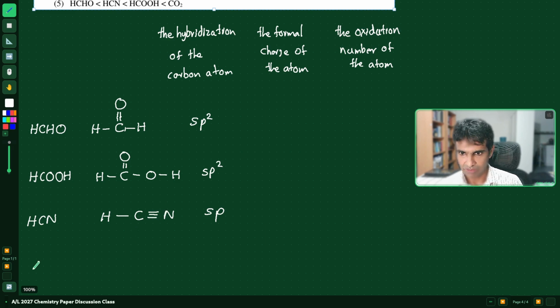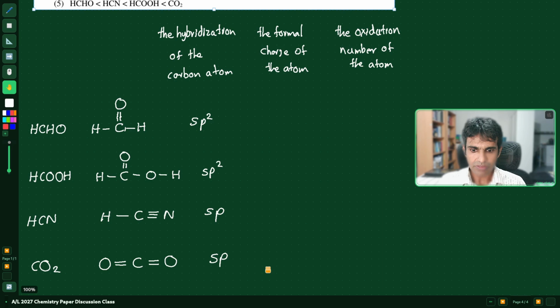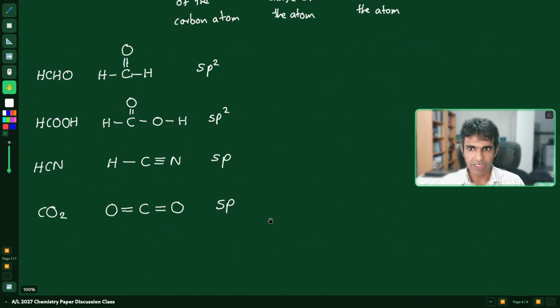Then finally, carbon dioxide. Central atom, carbon, 2 oxygen atoms are there. Valence of oxygen is 2. 2 sigma bonds with 2 pi bonds. So hybridization is sp. So we know that when the hybrid orbital is shorter, the electronegativity of the atom is higher.